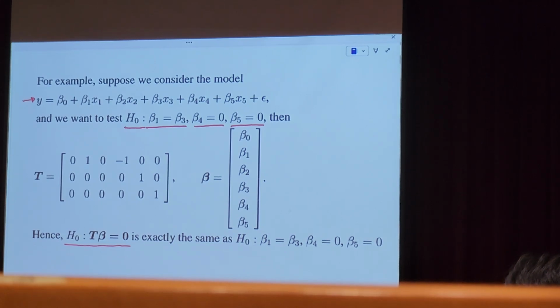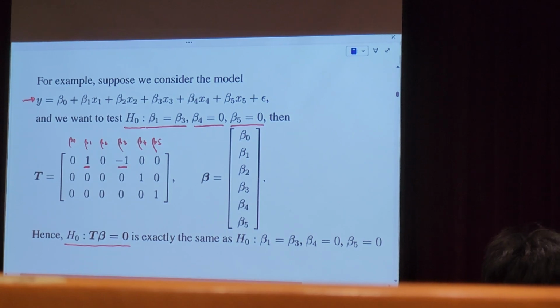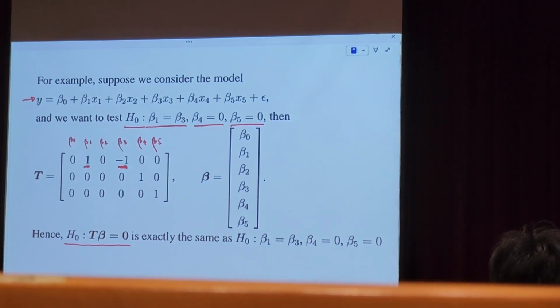So if you look at the first row of T, when you multiply T by beta, you'll be multiplying this by beta naught, beta 1, beta 2, beta 3, beta 4, beta 5. So the first equation, you are going to get beta 1 minus beta 3, and that is equal to 0.